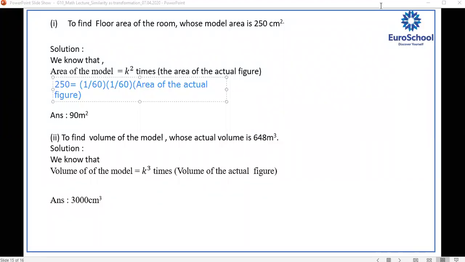Ma'am, I got 90 meters square. Okay, very good. What about others? Grishma? Rishi? Are you sure?